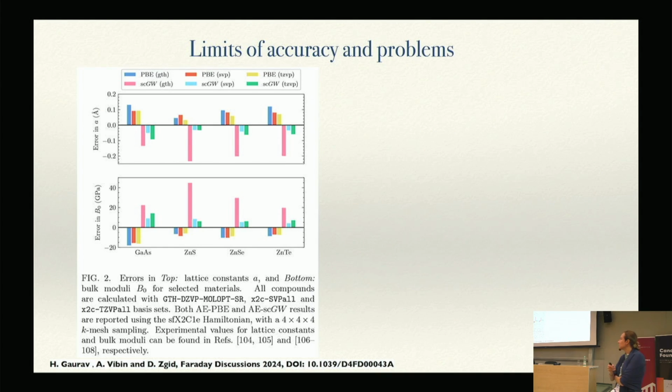So what are the dangers? If you look here, this is a series of solids, which are gallium arsenide, zinc sulfide, and you can see that these are the errors in bulk modulus. From DFT, one gets consistent errors.